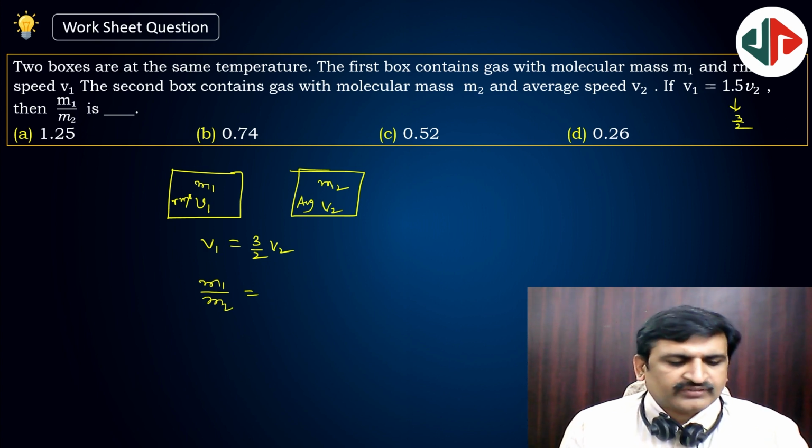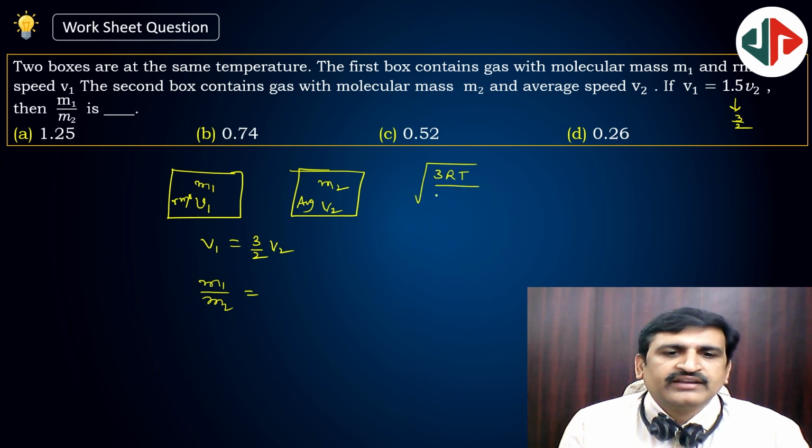We'll go for the RMS velocity expression. Square root of 3RT by M1 is equal to, at the same temperature, T is the same, 3 by 2 times the mean or average velocity, that is square root of 8RT by pi M2.